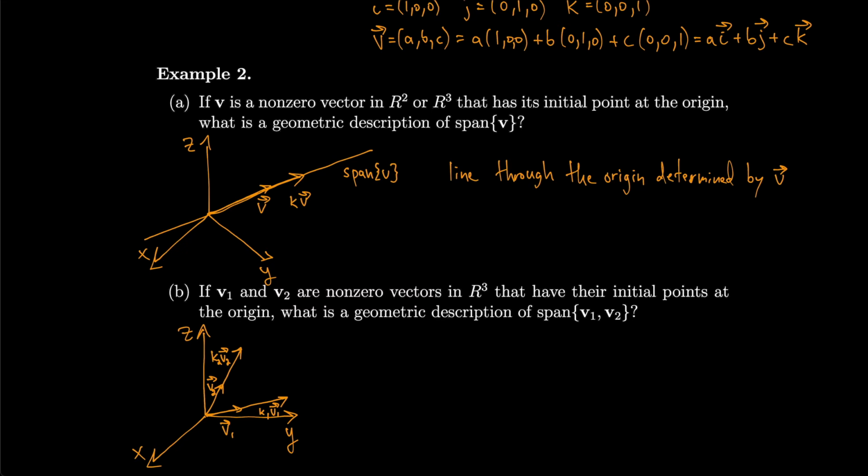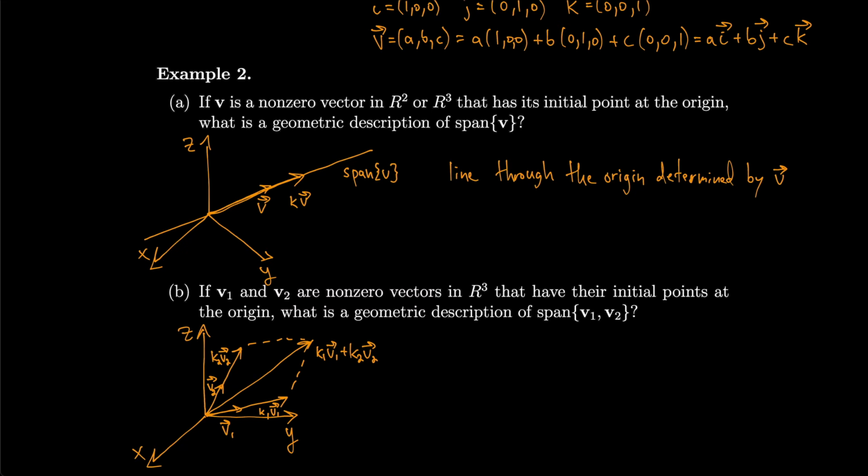So if I add up these vectors together, I could use the parallelogram rule. I'll get some vector over here like this. That's, well, maybe a little bit straighter would be nice. That's k1 v1 plus k2 v2. And I could keep doing this to build vectors all along like that.